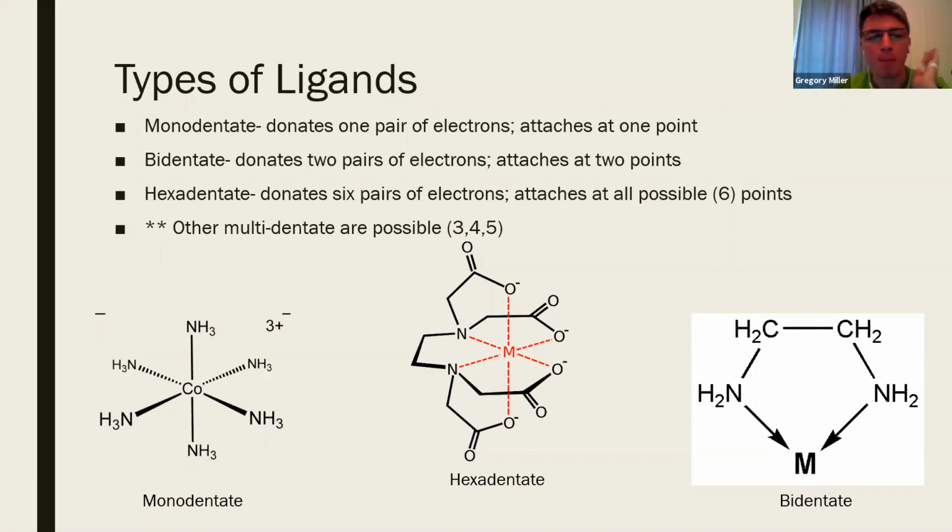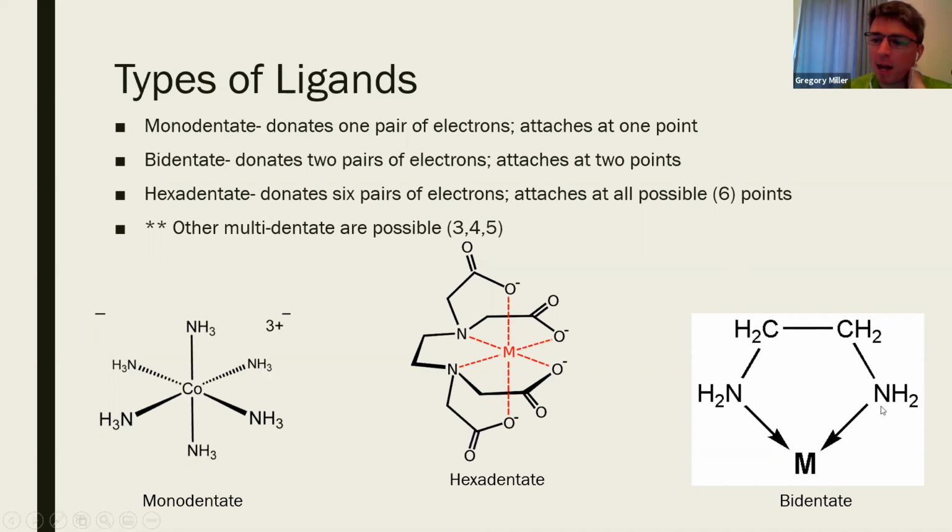So if we look, the nitrogen here that's part of ammonia coordinates to this cobalt metal center with 1 single bond, which makes it a monodentate ligand. So it shares 2 electrons total, and attaches to the metal center at 1 point. We jump over here to the other side.